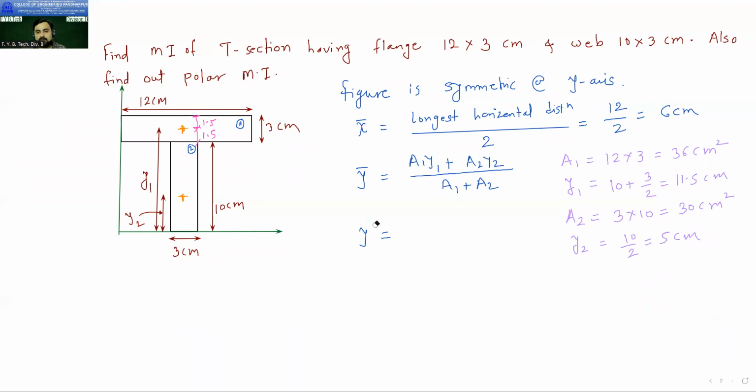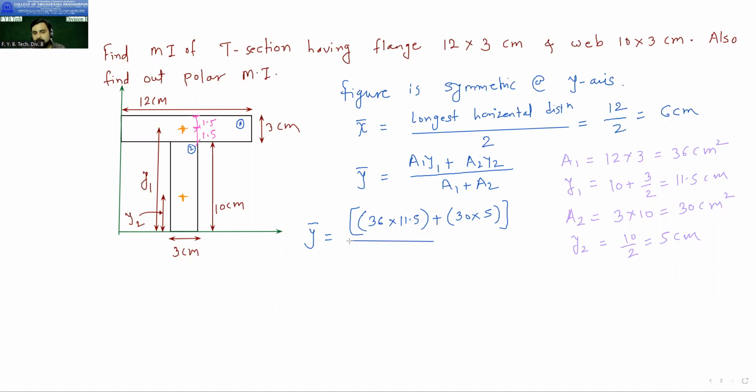So here now I want to calculate y bar. So y bar is equal to, when entering into the calculator, you should give the values in brackets. a1 is 36 into y1 11.5. This bracket is complete, plus here a2 is 30 into y2 is 5, and the whole of this needs one bracket.